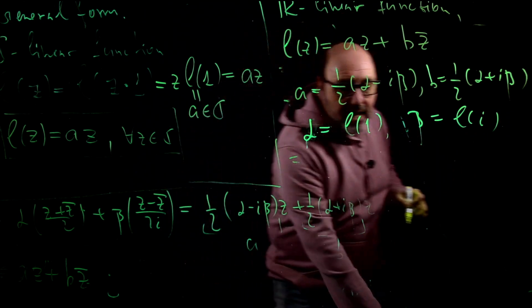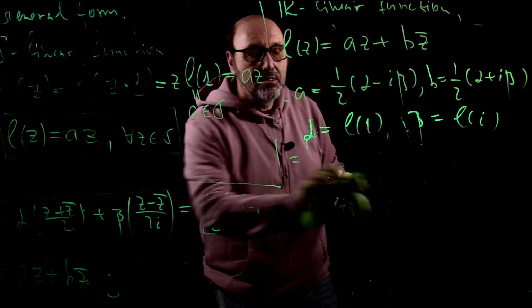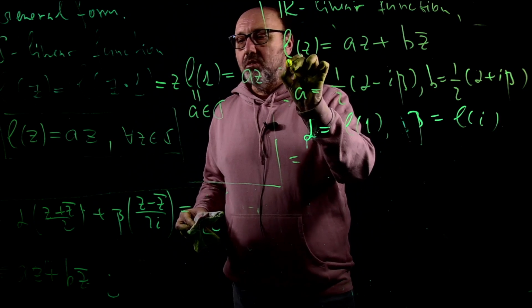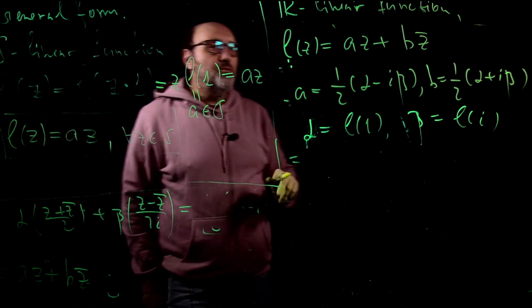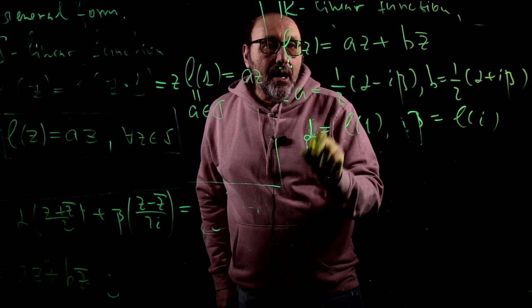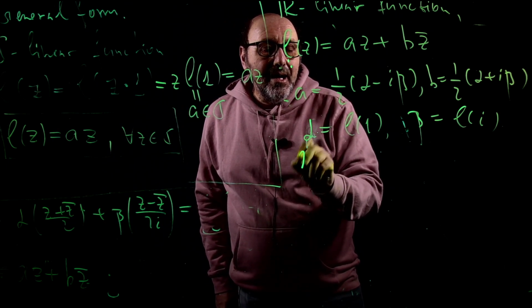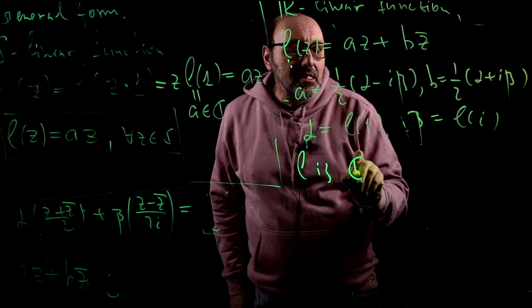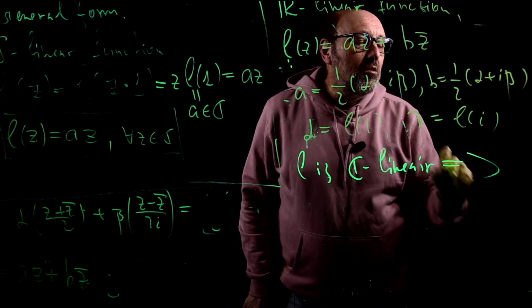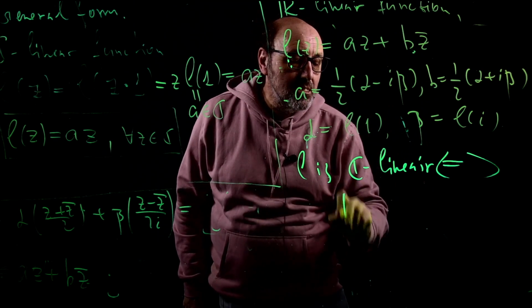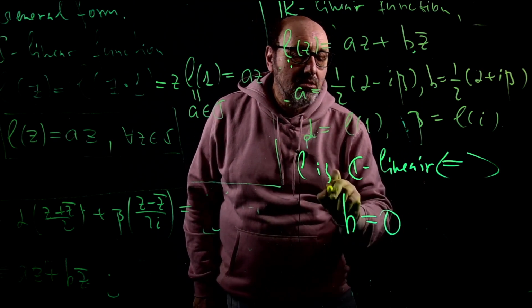And so if we compare this expression with the expression for a complex linear function, we see that L is C-linear if and only if b is equal to 0.